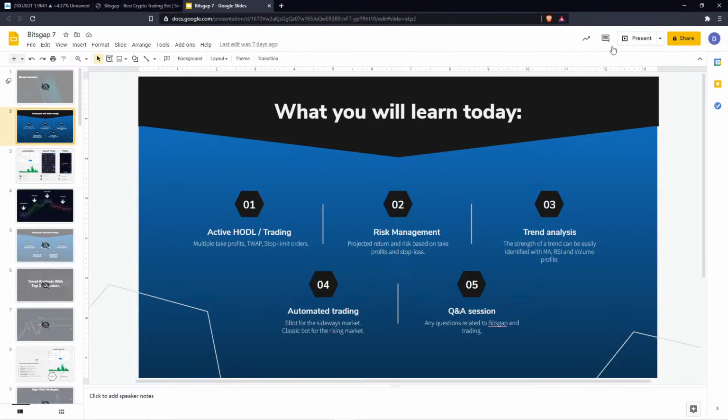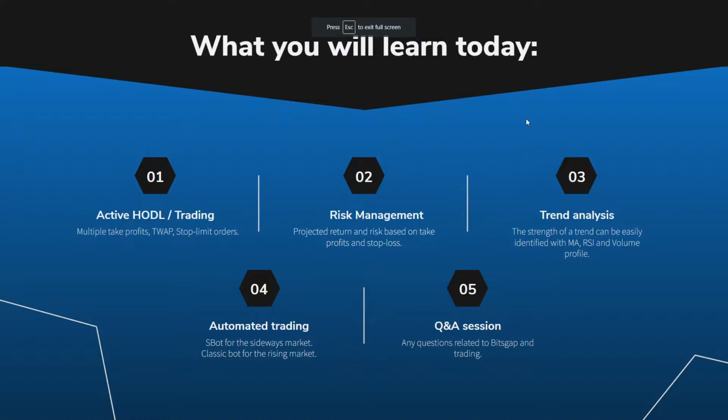So today we are going to talk about risk management. As always, that's the primary focus of every webcast, to discover what techniques and instruments you need to utilize to maximize the return and minimize the risk in automated trading, in smart trading, which basically implies trading with different order types like the stop limit, stop market, setting multiple take profits, trailing stop loss.